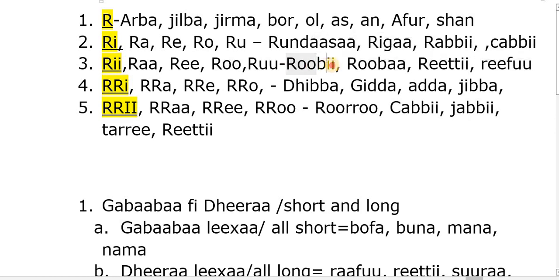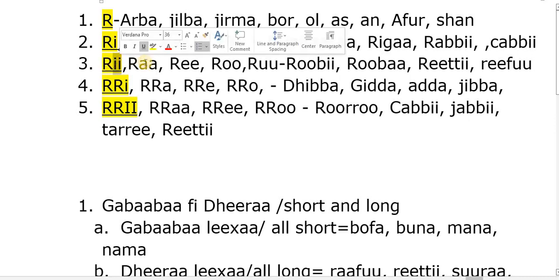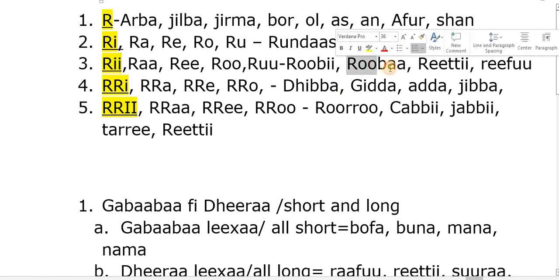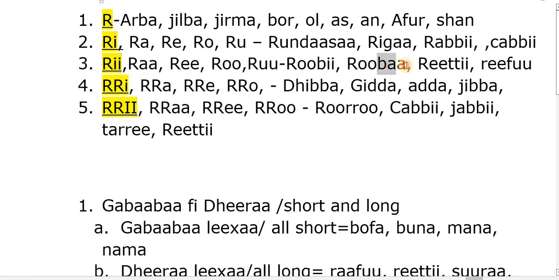That's why we double vowels, to indicate that we stay longer on them when we talk or when we read. So roba, the same, roba, reti, reti, refu. So we stay a bit longer than we stay here.